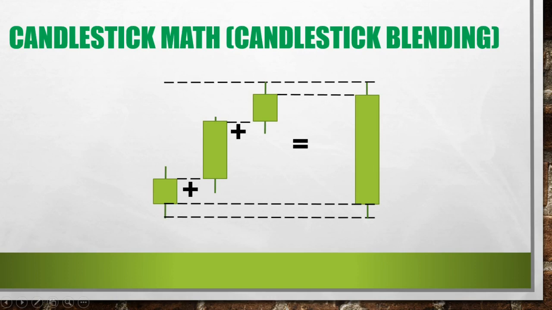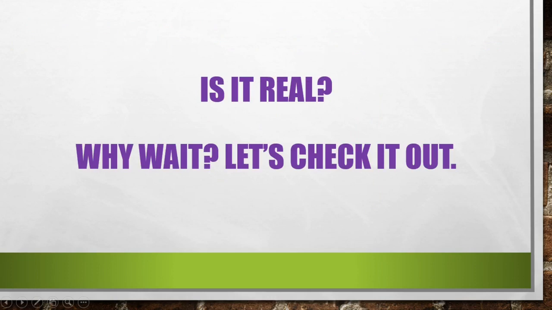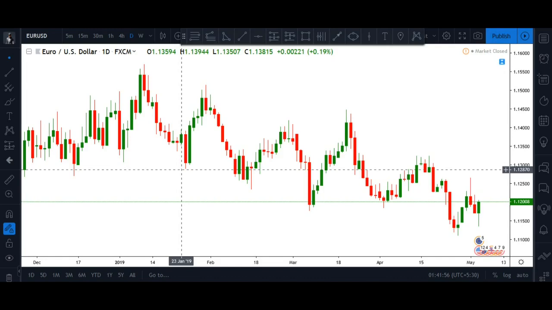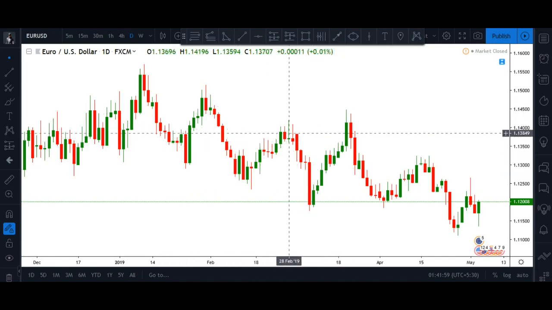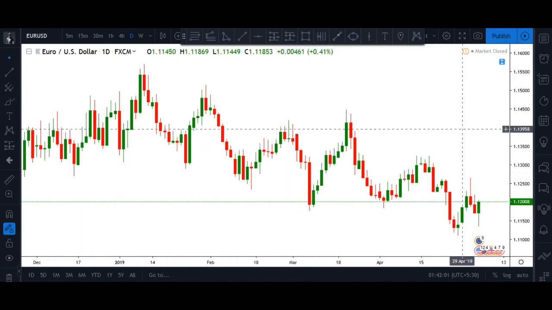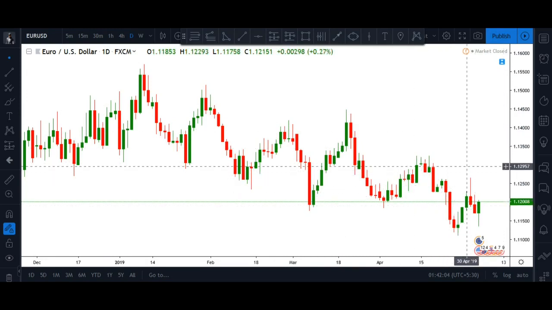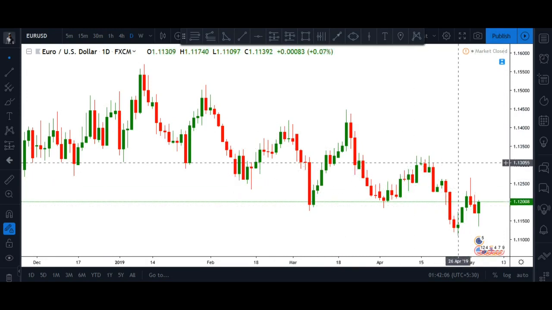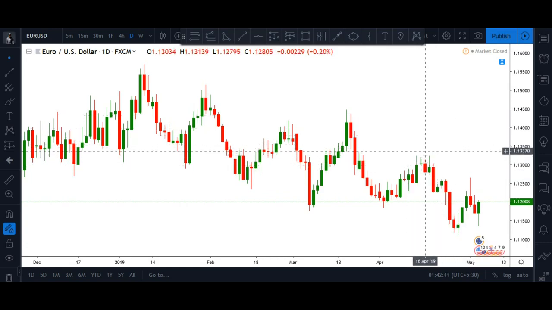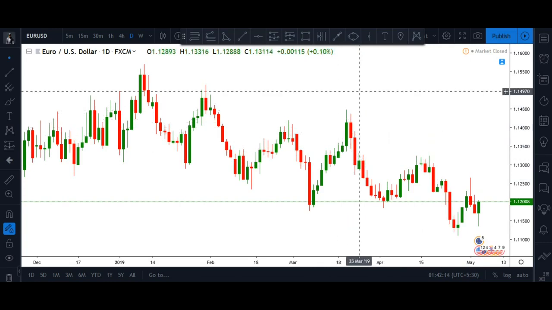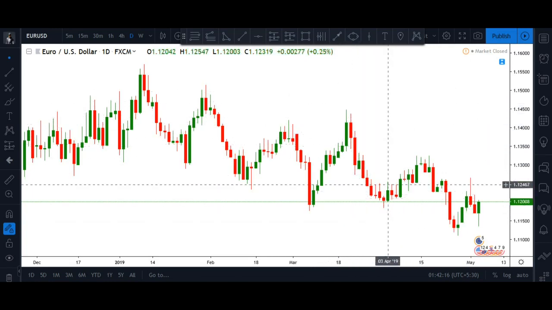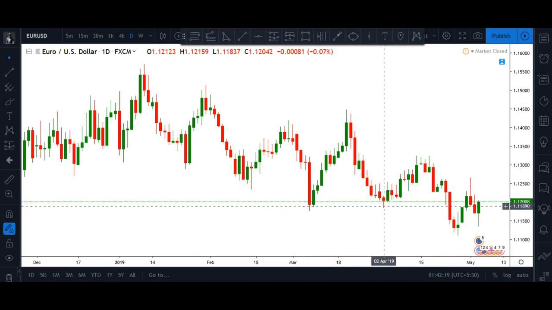All right, now you will probably be wondering, is it real? So why wait? Let's check it out. If we look at this chart, it's the EUR/USD chart, the present chart available at this moment, and you can see each time the market reversed, there is a candlestick pattern that we just discussed.